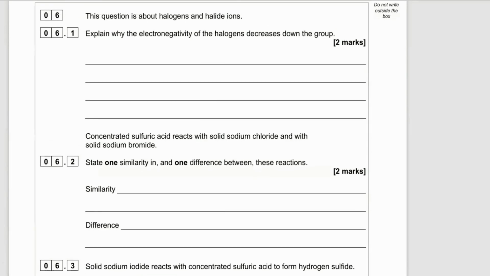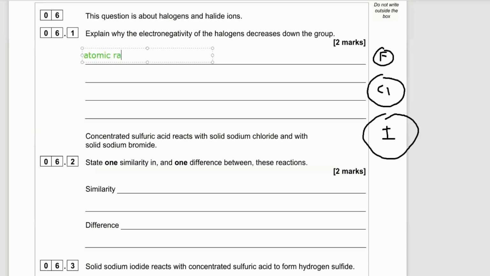Question 6. This question is about halogens and halide ions. Explain why the electronegativity of the halogens decreases down the group, and it's worth 2 marks. So as you go down the group with the halogens, you've got to think what happens to the size of those halogen atoms as we go down the group. Well, they get bigger.